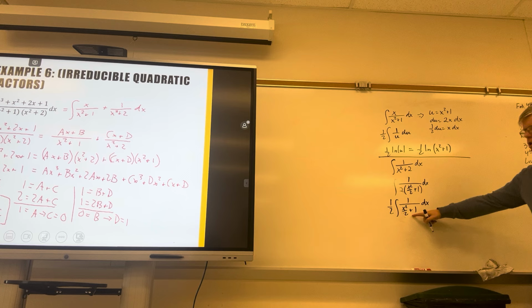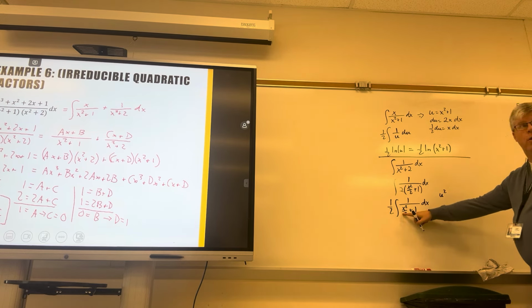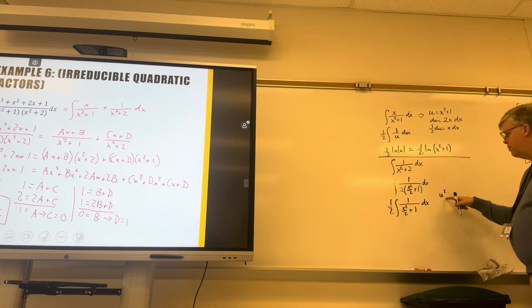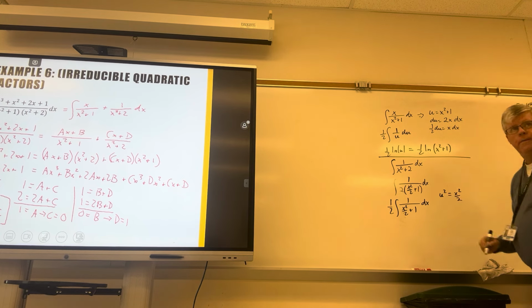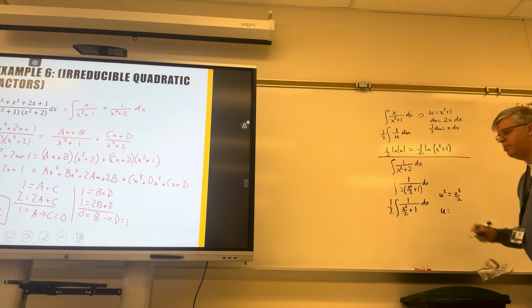And then I'm going to do a u substitution here. If this was u squared plus 1, this would just turn out to be inverse tan of u. So I want to replace the x squared over 2 with u squared. I'm kind of reverse engineering the substitution here. That would tell me that u should be what?